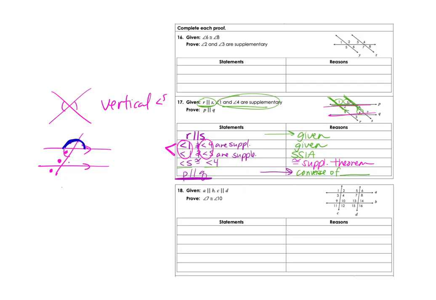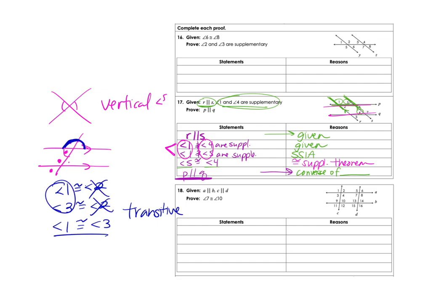If it says like angle 1 is congruent to angle 2 and angle 3 is congruent to angle 2, so angle 1 is congruent to angle 3, that's transitive, right? Whenever you can take one out, so take your 2's out and you're left with what's left, that's the transitive property, or you can say substitution.